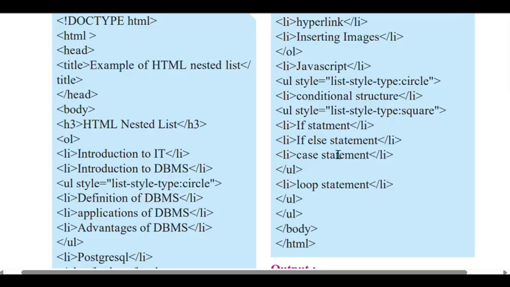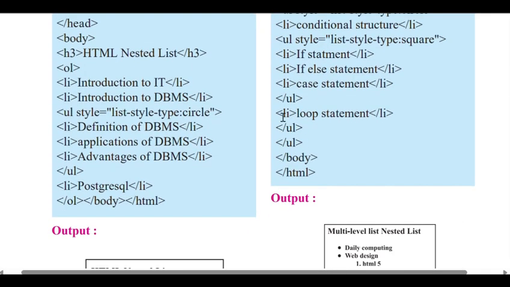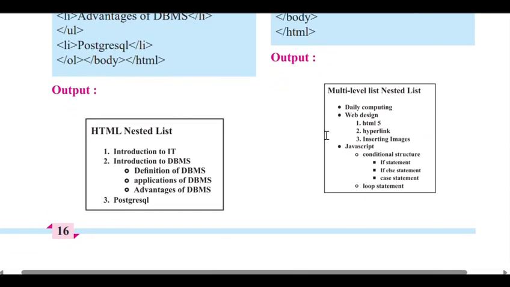If statement, if else statement, case statements, these three will come in a square. UL close, that is unordered list close. After that, list loop statement, list close. After that, we are closing the UL tag 2 times as we have opened it 2 times. After that, we are closing body and HTML.